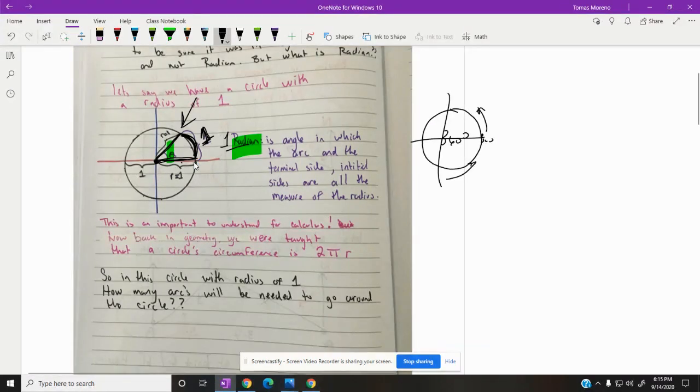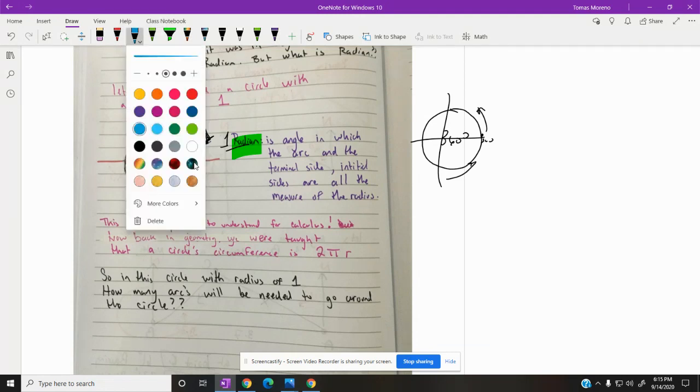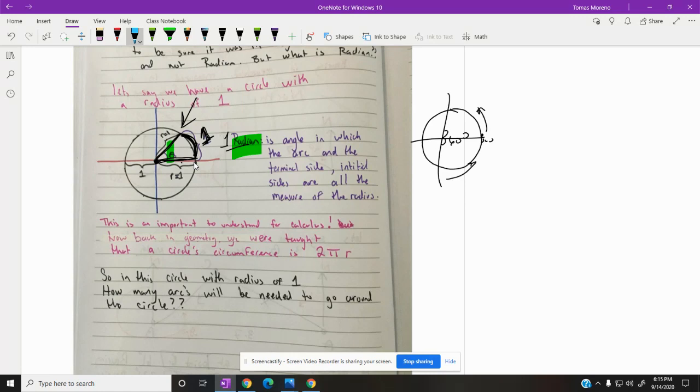So let me use a different color. Okay, let's use blue. So how many radians, or how many arcs, would it take to go all the way around? So we would have to have maybe something like that, not drawn to scale as my buddy Joe would do it, right?